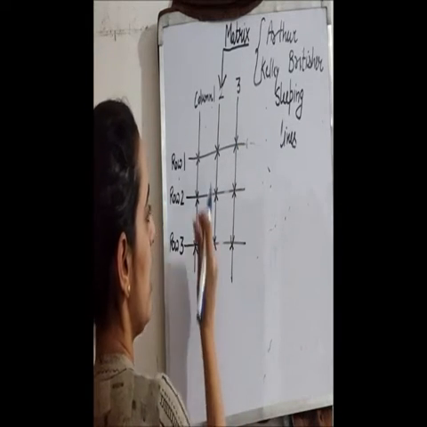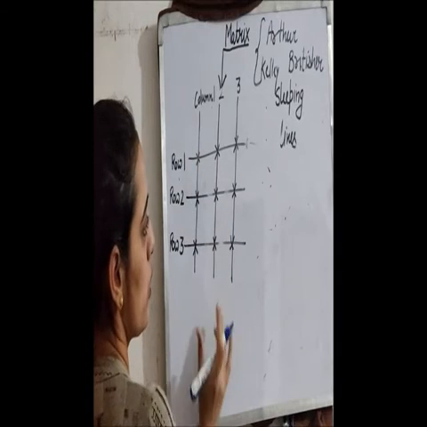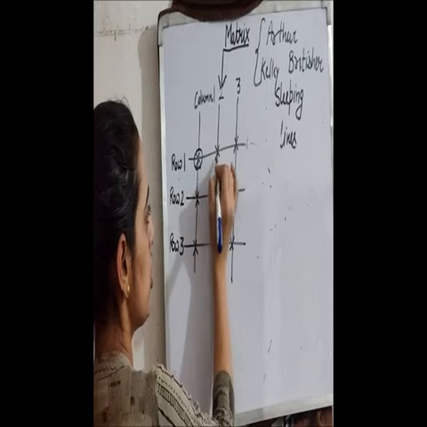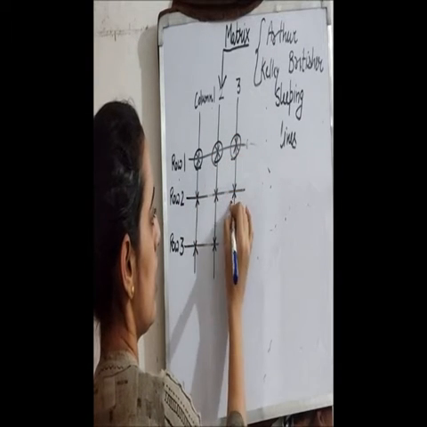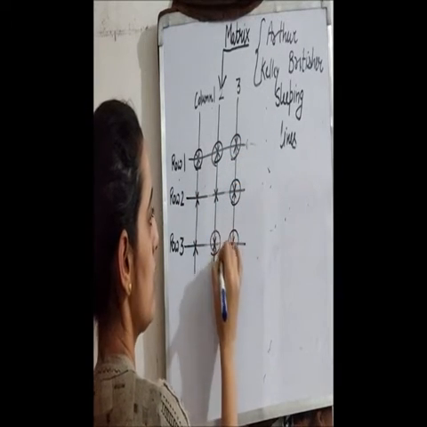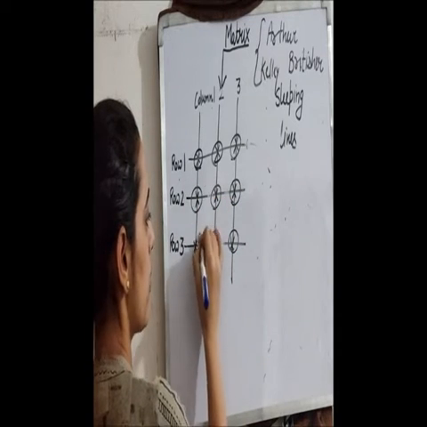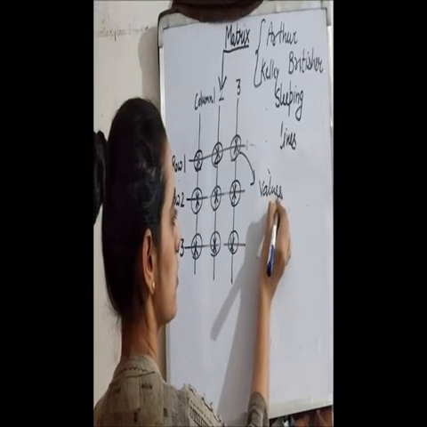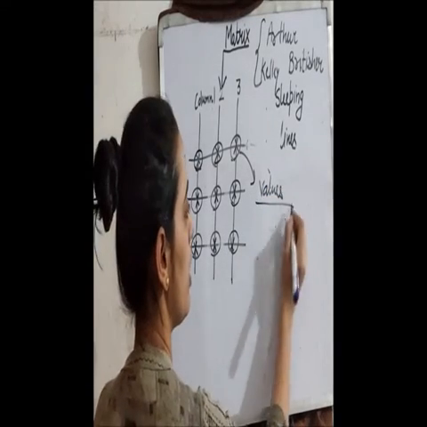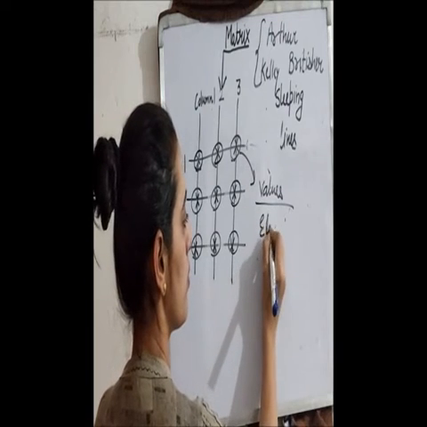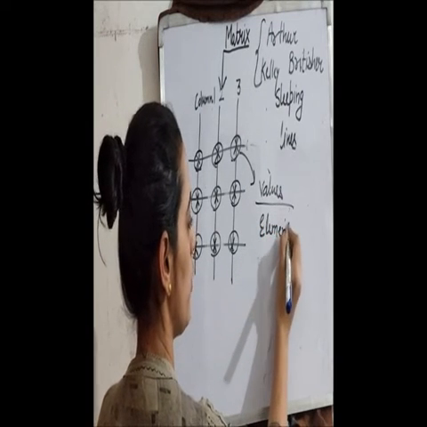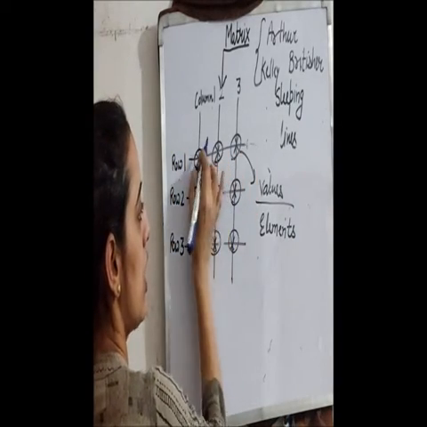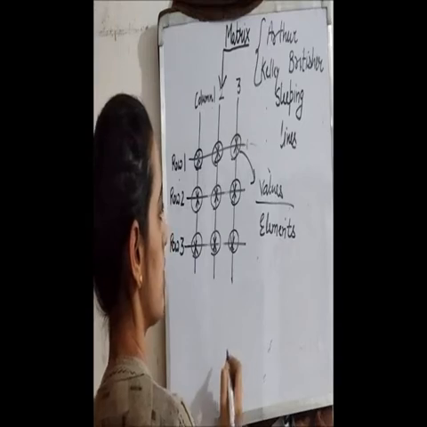Arthur Cayley arranged rows and columns in this way, and then he got these star positions, and told us that on these star positions we can fill values. Another name, in place of values we can use elements. So these stars are the positions for elements.